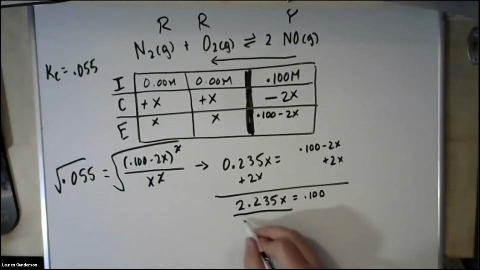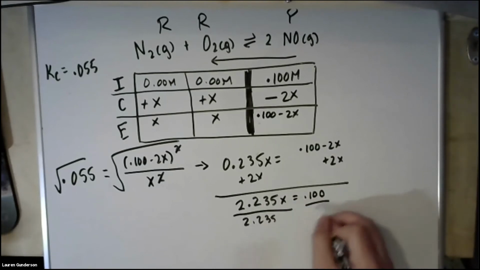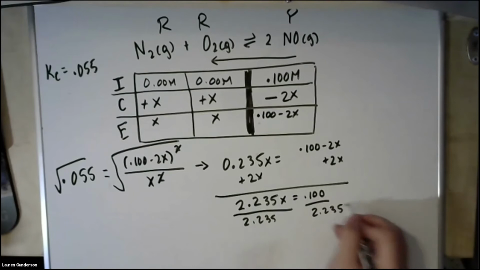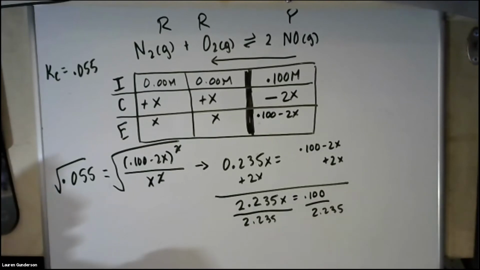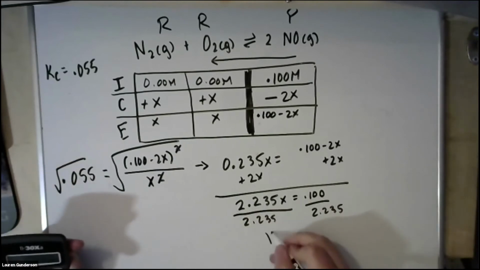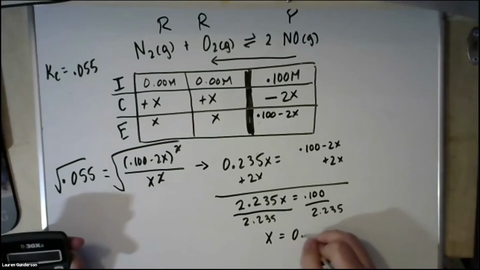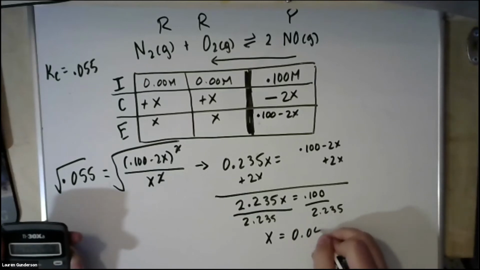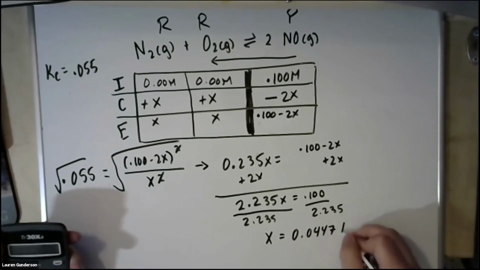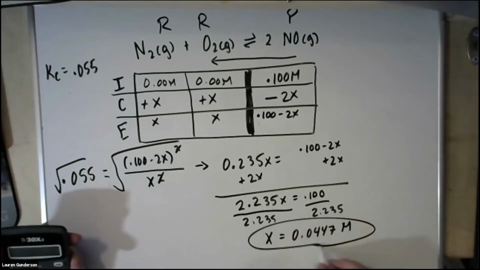And then I'll divide by 2.235. Okay, so this is our x value.